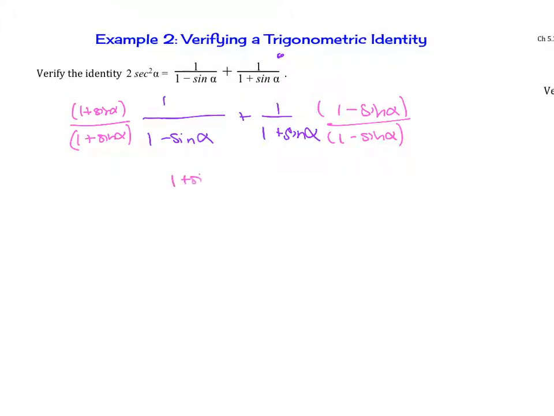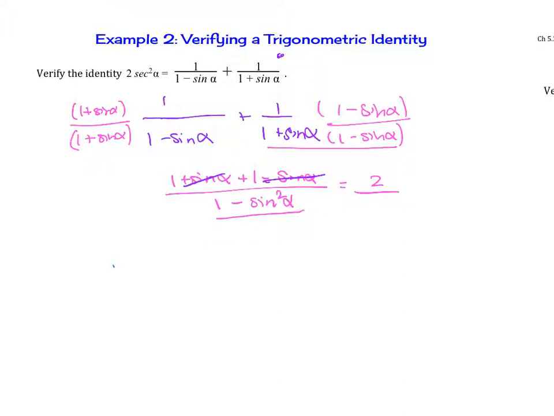So this becomes 1 plus sine of alpha plus 1 minus sine of alpha, all over, let's multiply this together, that's just 1 minus sine squared of alpha. Then notice in the numerator that the sine of alpha cancels out. So we're left with 2 over 1 minus sine squared of alpha.